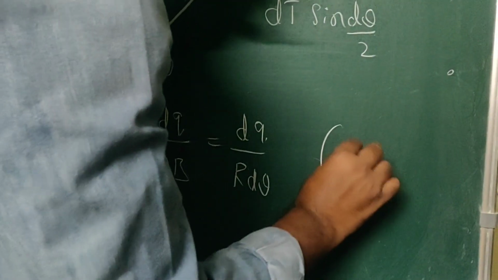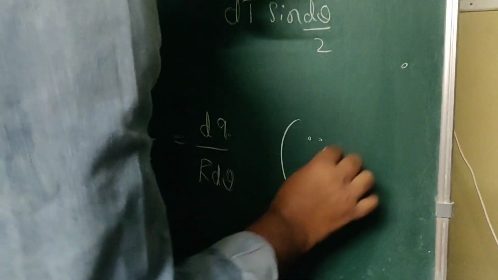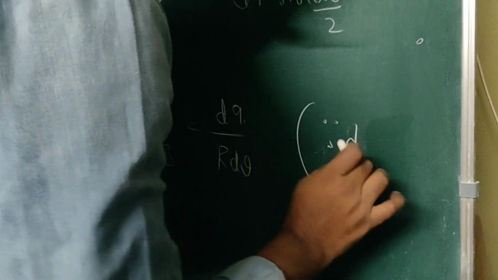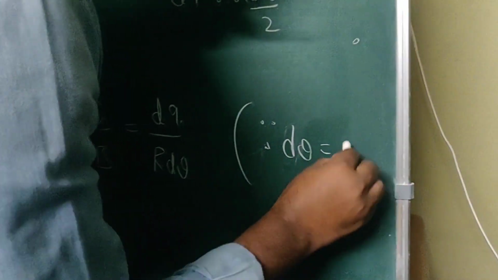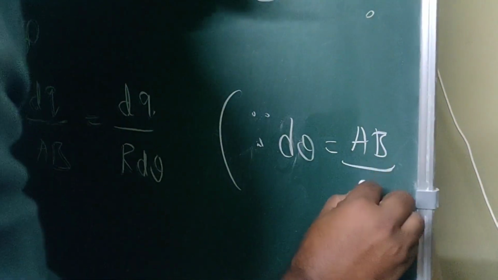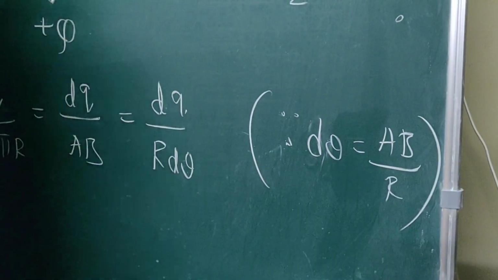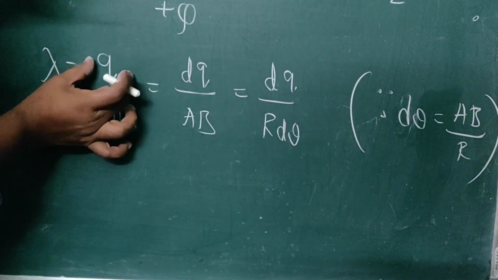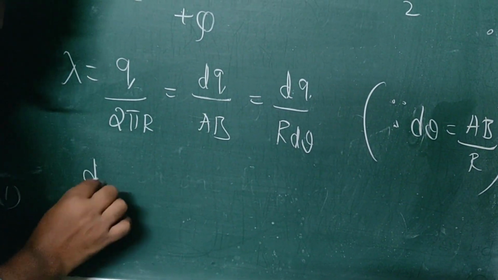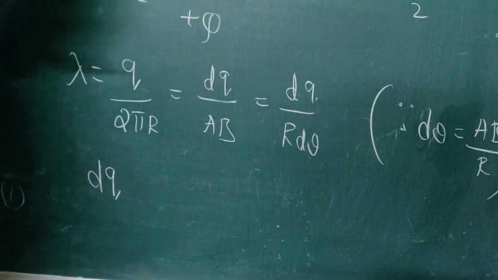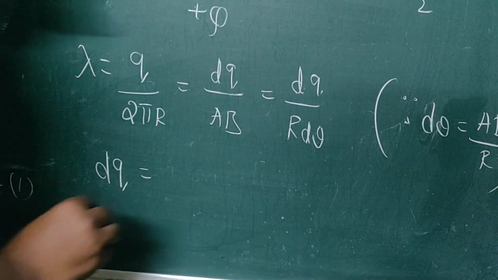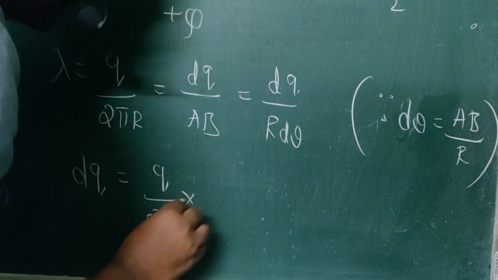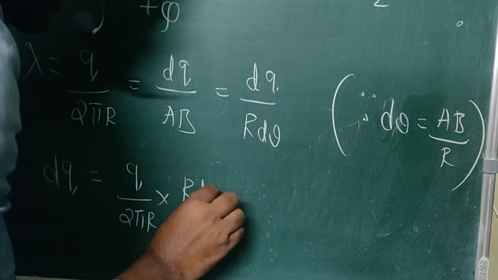How did we get this? Because the angle created at the center equals arc length by radius. Therefore AB equals r d theta. Now from this equation, I am going to get an expression for dq: dq equals q by 2 pi r into r d theta.